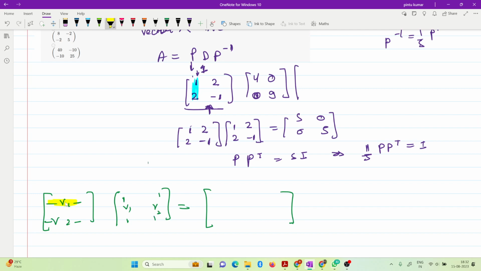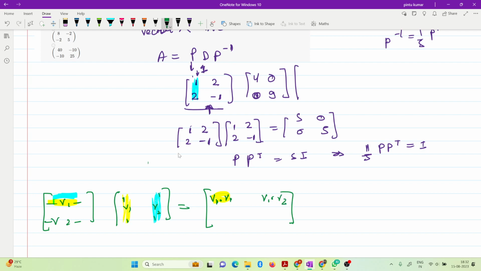You multiply the first row with the first column, so you obtain V1 dot V1, right? The second position is this multiplied with the second one, so this is V1 dot V2.